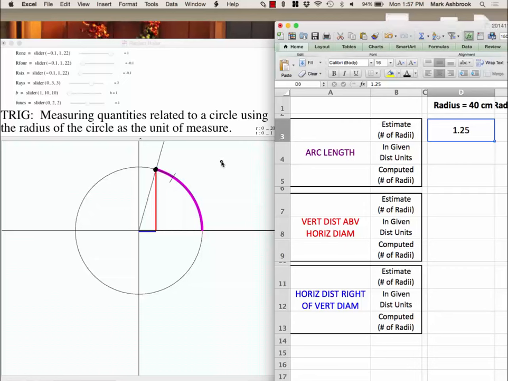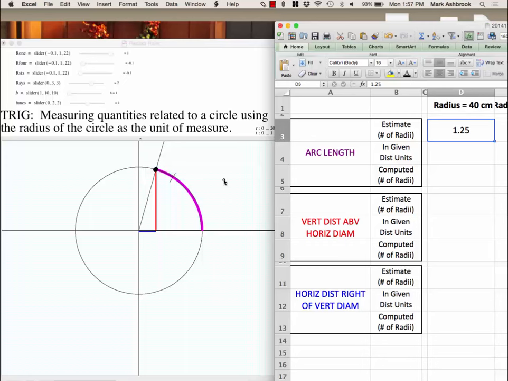Okay, still using the radius length for this resulting point right now. What would you estimate the vertical distance of that point is above the horizontal diameter? Again, you're using the radius as your measuring stick, or as your unit. What would you tell the person next to you? What would you estimate that this red length is, measuring it in the unit of the radius? Is it 1/2? Is it 2? Is it 10?